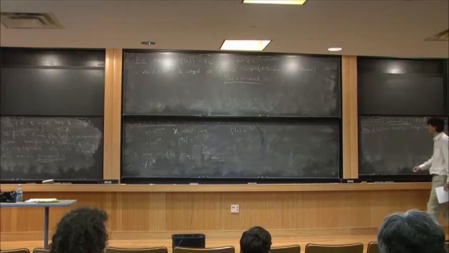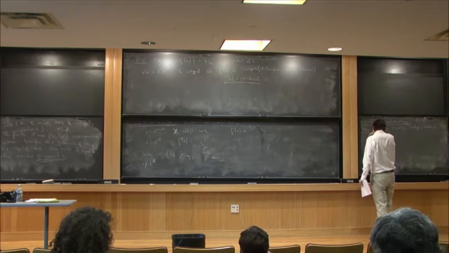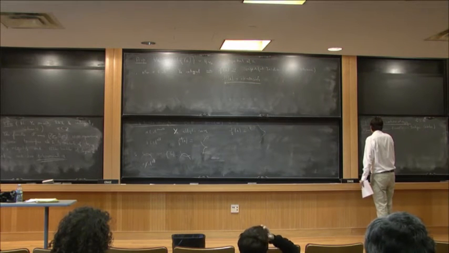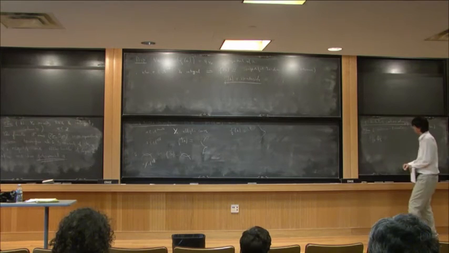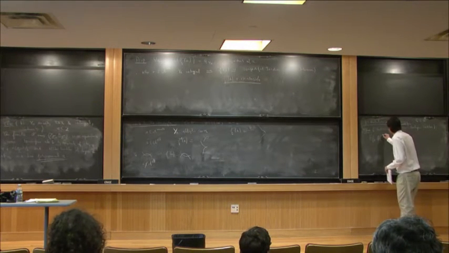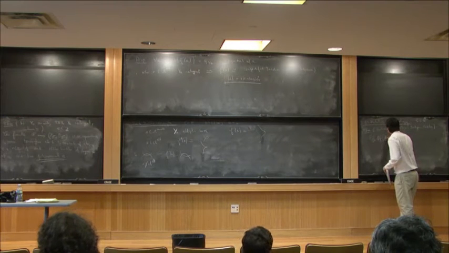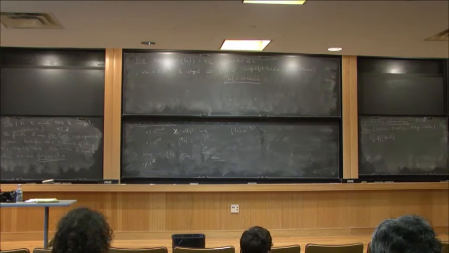And the theorem is an assertion about the direct image, the l-adic complex given by the direct image of Q_l. I will shift it by the dimension of the whole Hitchin space.